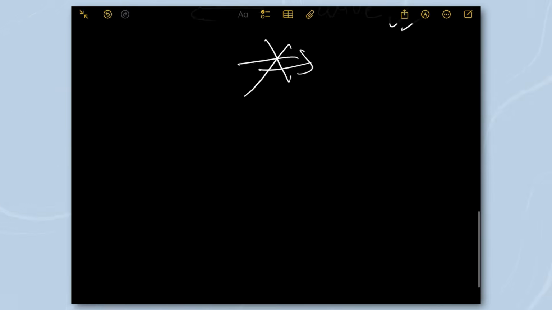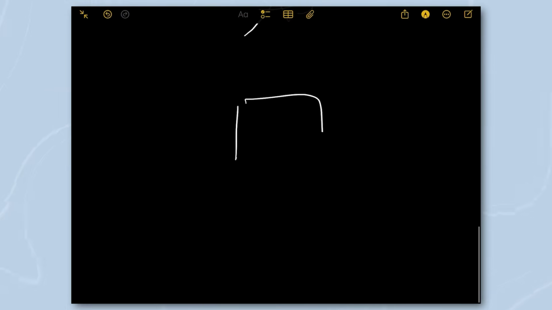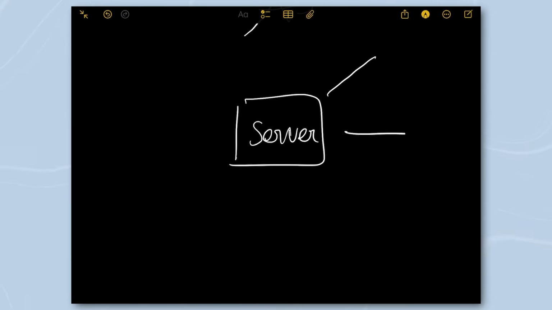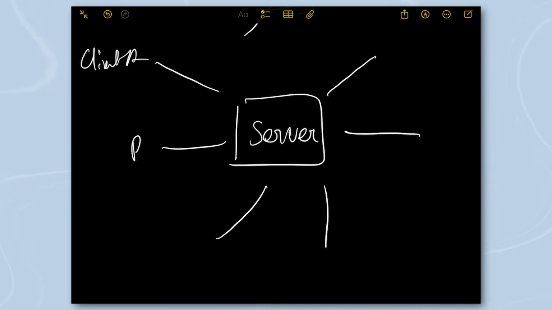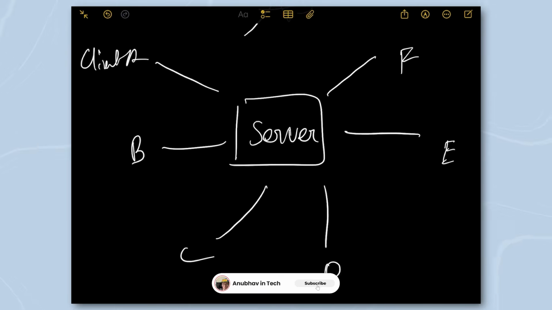Now consider a situation where we have a server handling multiple tenants, or you can say clients A, B, C, D, E, F. This is typically known as multi-tenant architecture, where a single instance or server caters to multiple clients or tenants.